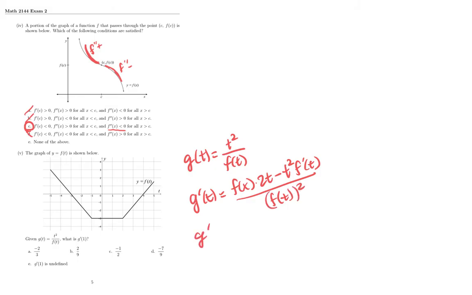So g prime of 1 will be f of 1 times 2 times 1 minus 1 squared f prime of 1 over f of 1 squared.